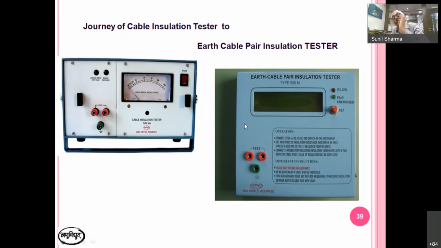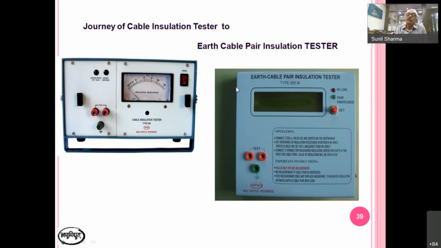What do I mean by safe also? If you measure the insulation of anything 2, 3 or 4 times with a megger, its insulation goes down. But in this one, that does not happen. If you measure 2, 3, 4, 5 times, it gives you the same reading.